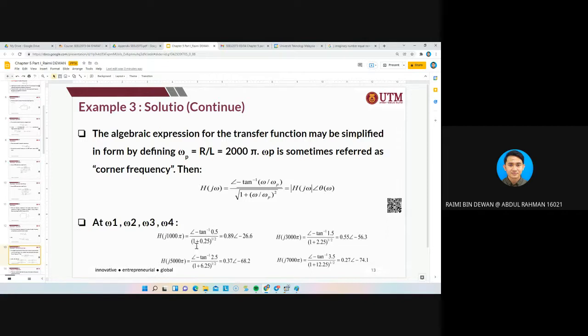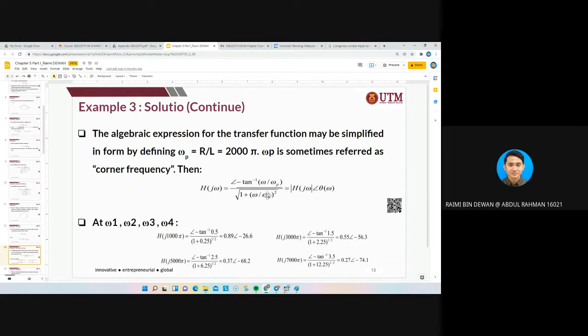And then 1 plus, here is 1 plus omega over omega p, you replace with 1000 pi over 2000 pi.